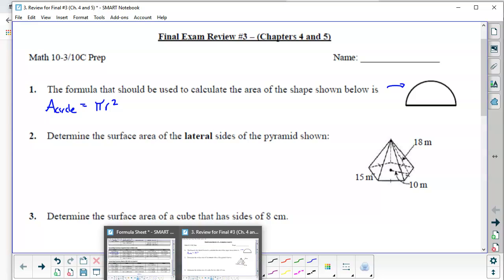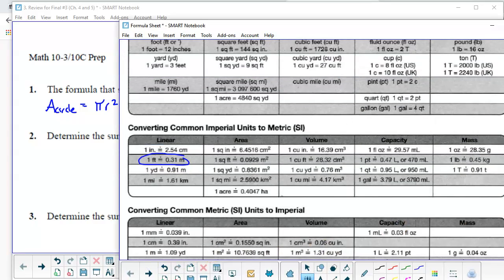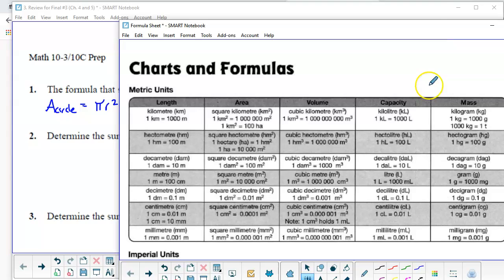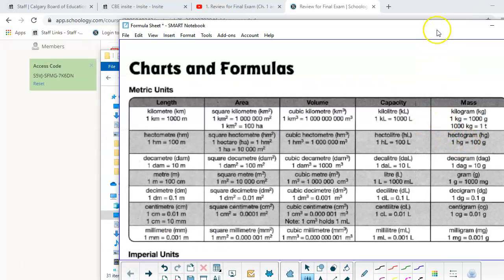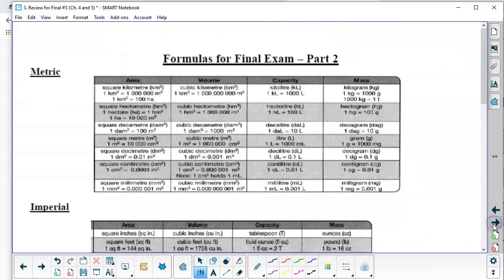But in your workbook for right now, let's just look at, oh, you know what? I didn't copy those formulas. Oops, let's just get that back up again. But I may have them at the end here.